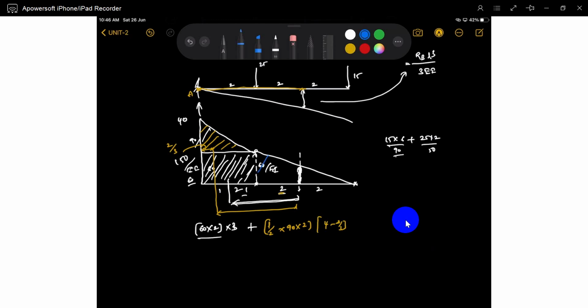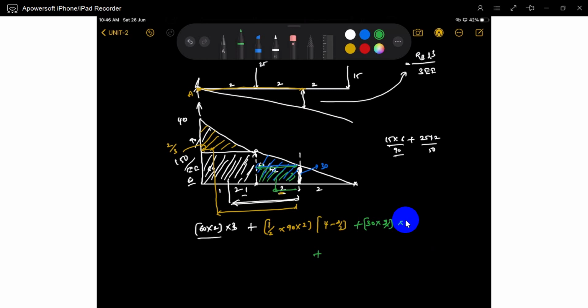Now we will go by this area. What is that area? What is this value? This value is 30. So again we have to do this. First you have to choose this zone. What is that value? 30 into 2. That is the area, and the moment is 1.